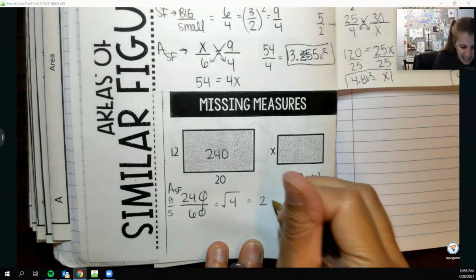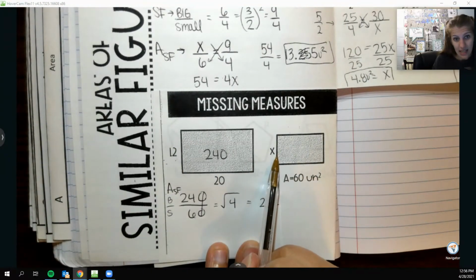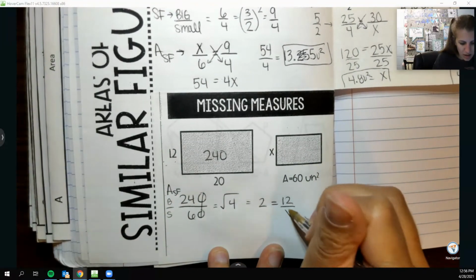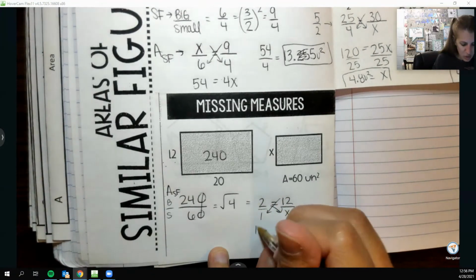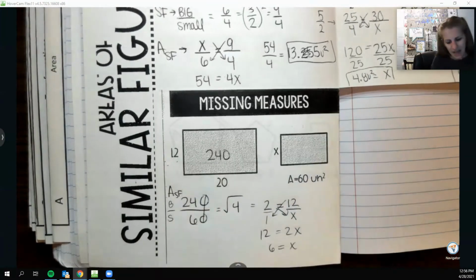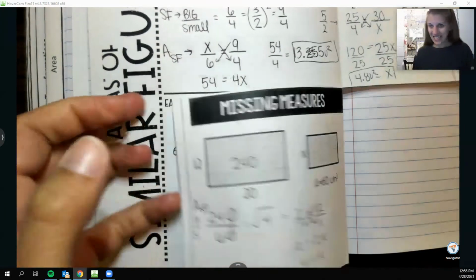So if I set this equal to the side length that I want to find, doing big over small, then I can just cross multiply, which this is over 1. So 12 equals 2x. So x is 6, which I kind of already knew, but that's how you find it. So that's cute and fun. Let's try some more.